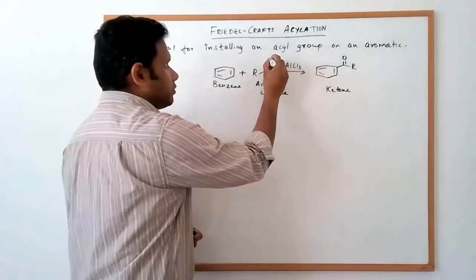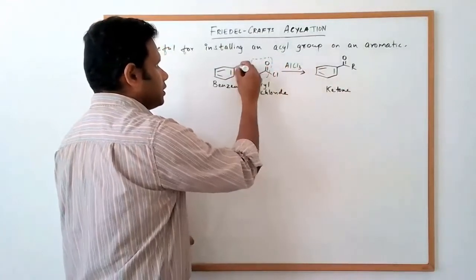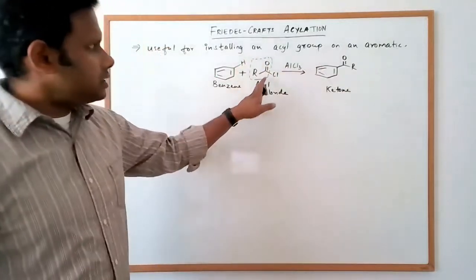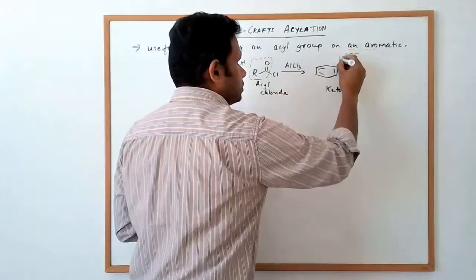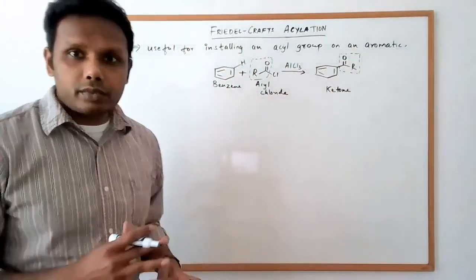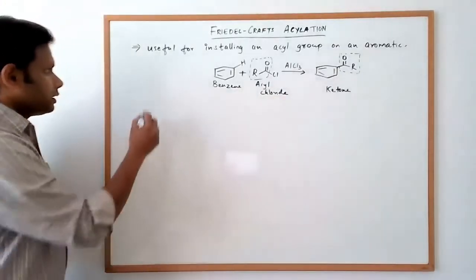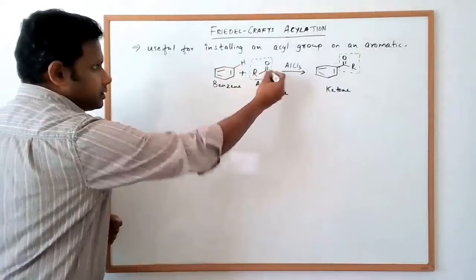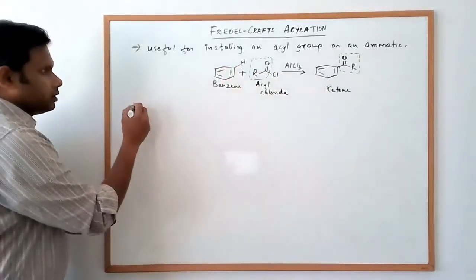And if you look at it, what we're doing here is we are installing this acyl group on our product. So that's the acyl group. So we've added that carbon-containing group to the aromatic compound.